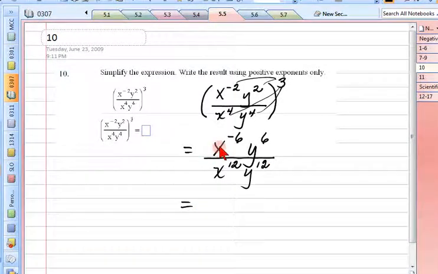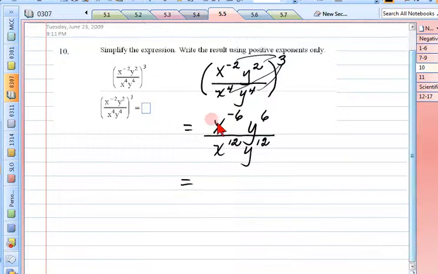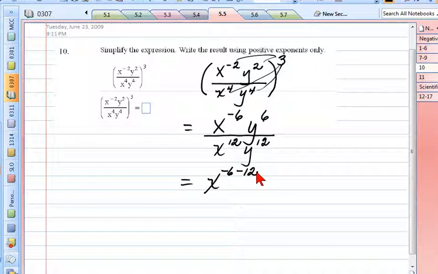Now, do I have a product of like bases? No, I have a product, but it's not like bases. Do I have a quotient of like bases? Yes. So the quotient rule says keep the base, write the top exponent minus the bottom exponent. So for the x's, it was x to the negative 6 minus 12, y to the 6 minus 12.